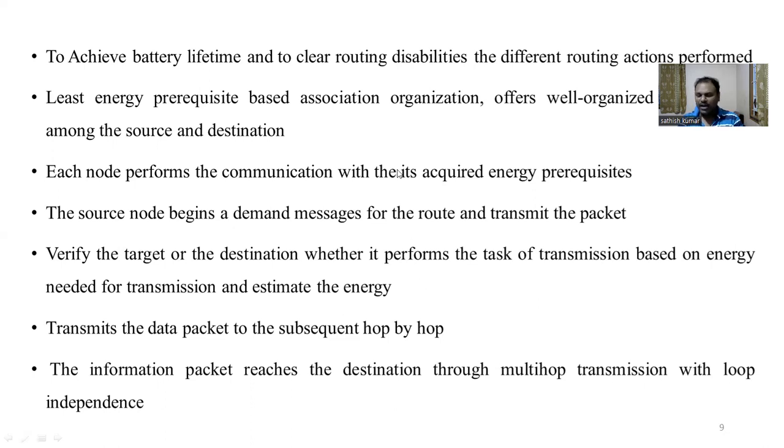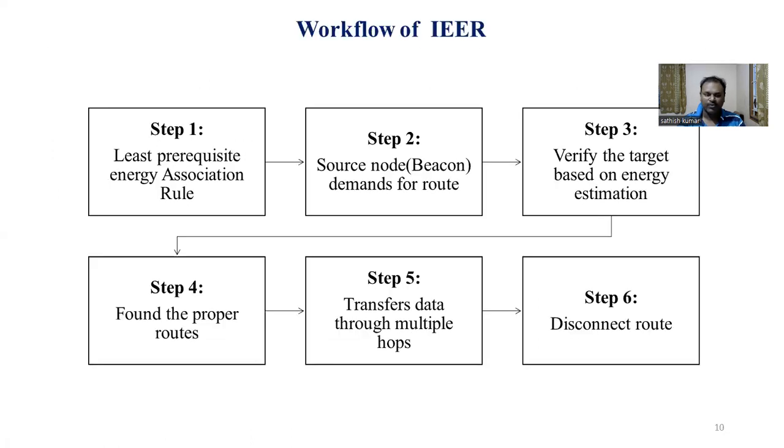The data packets are transmitted hop by hop, reaching the destination through multi-hop sessions without loops. Step 1 is the least prerequisite energy association rule. Step 2 is the source node. Step 3 is verifying the target based on energy estimation. Step 4 is finding the proper routes. Step 5 is transferring the data through multi-hops. Step 6 is disconnecting the route.